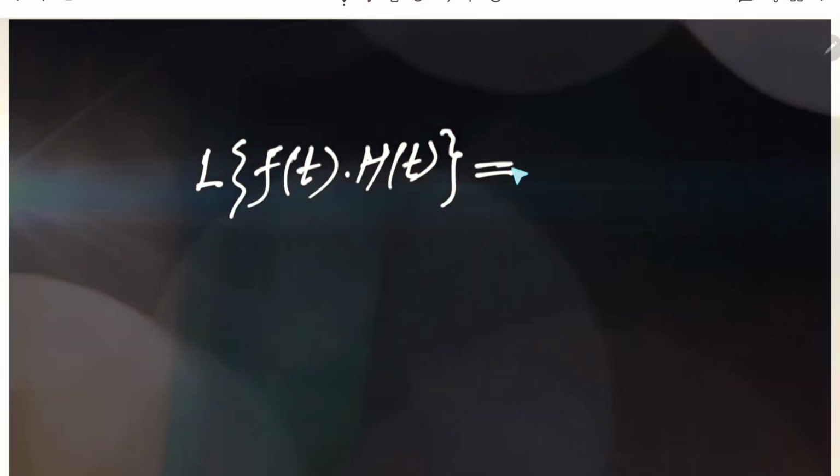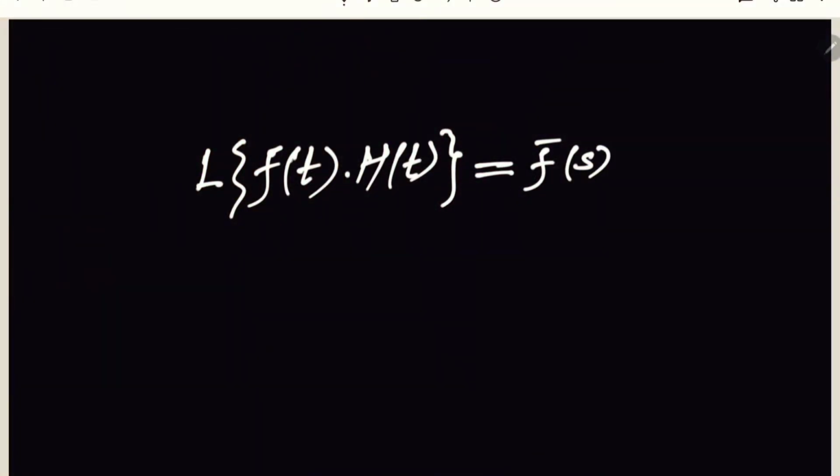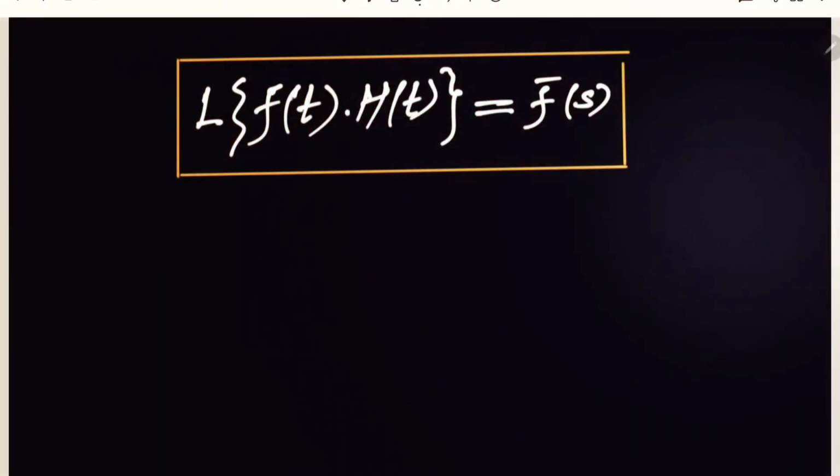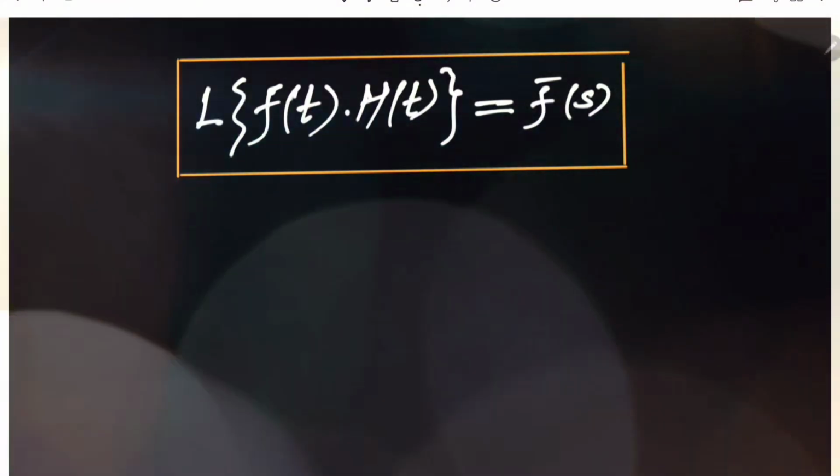Its Laplace transform is Laplace of f of t into h of t or u of t as f bar of s. F bar of s means the Laplace transform of that continuous function f of t. Then next, a multiplication of f of t by a displaced unit step function h of t minus a.